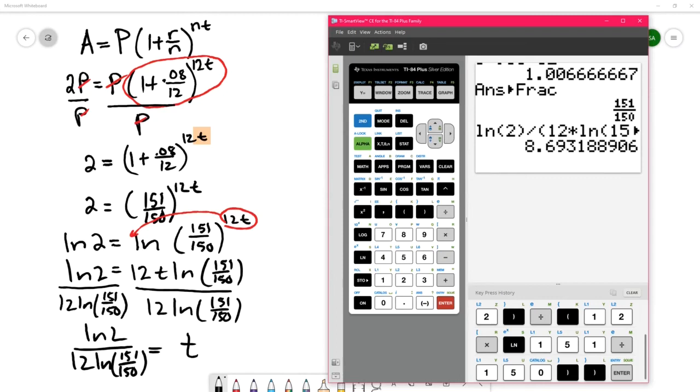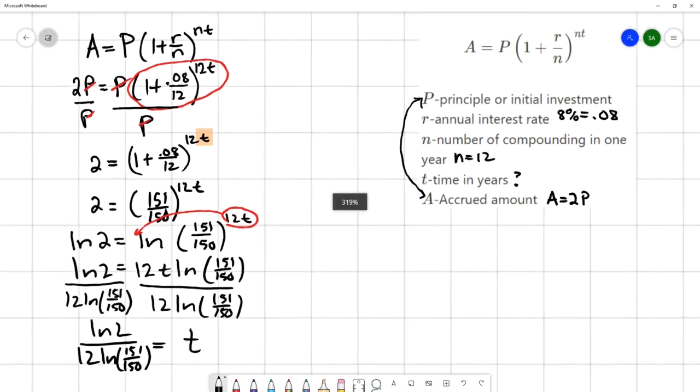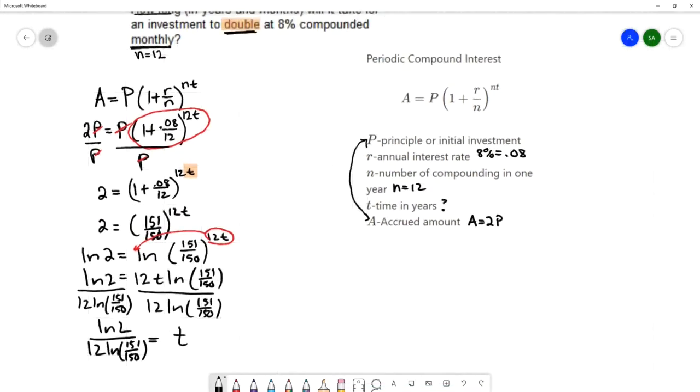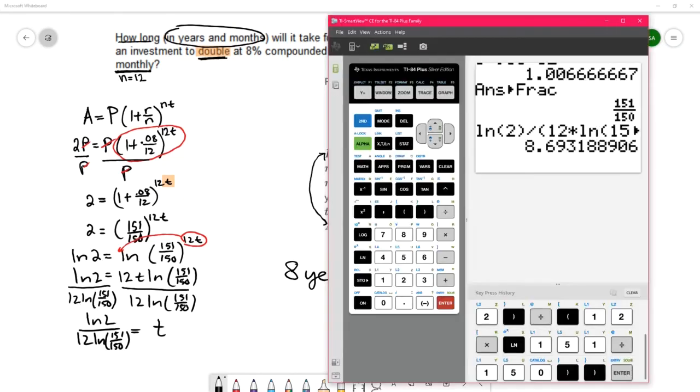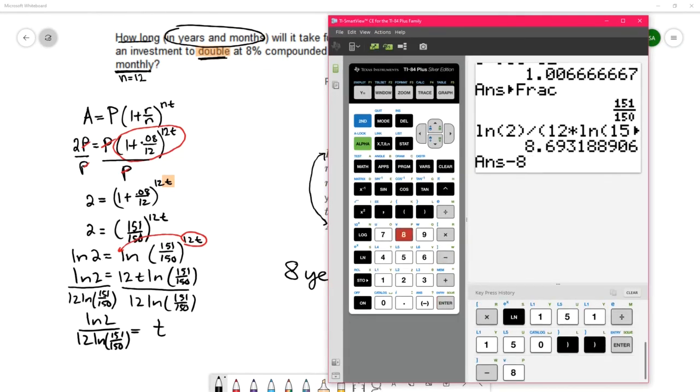But if you'll notice when we read the question, it says we want to put the time in years and months. So we know it's going to be 8 years. Let's figure out the months. So let me take away those 8 years.